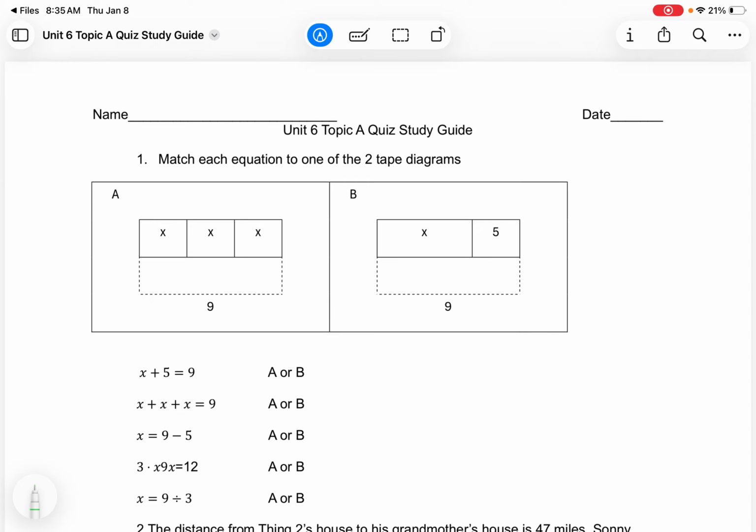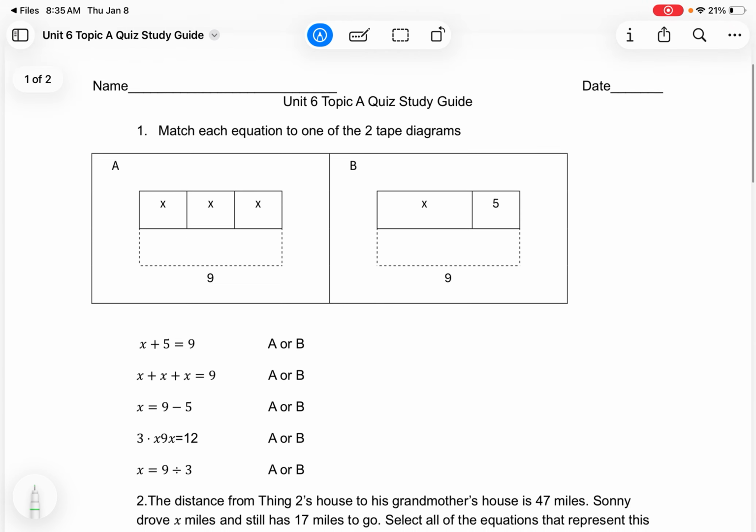Alright. So, we've got question 1 here. Match each equation to one of the two tape diagrams. So we've got x, x, x, and so that's x plus x plus x equals 9.